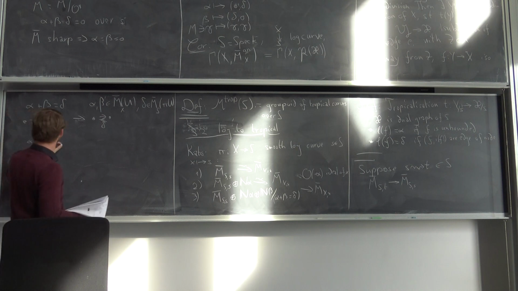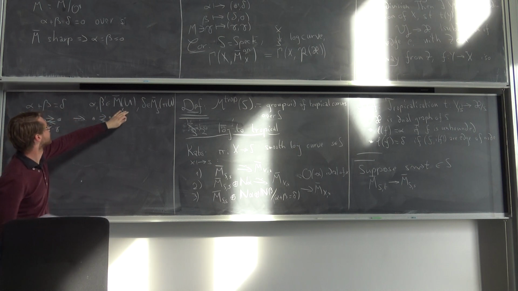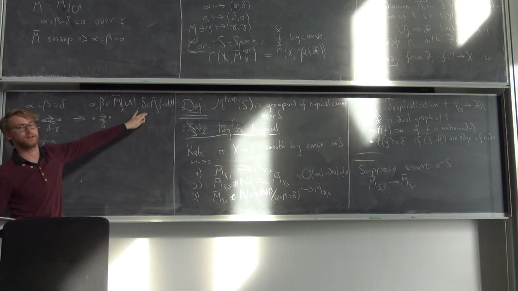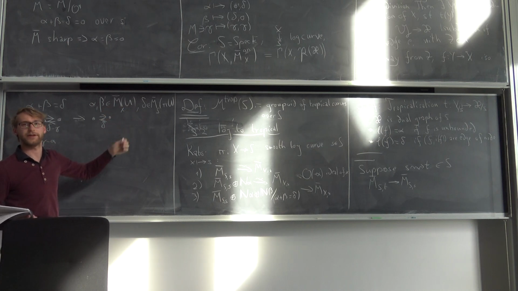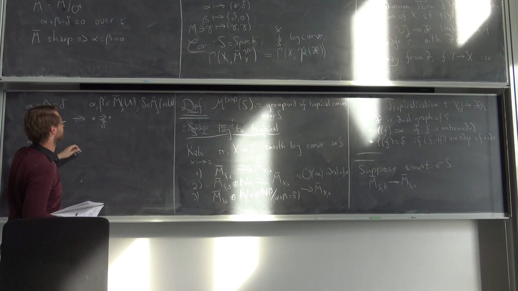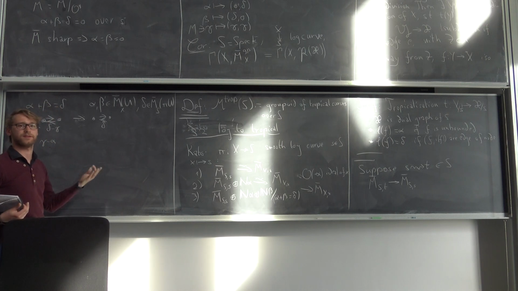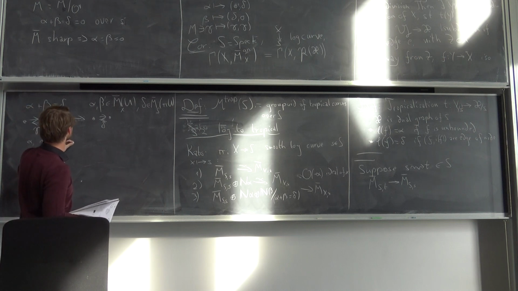So we have this U, we chose it such that these things are global there. And of course it's a log scheme, so it's also a functor.